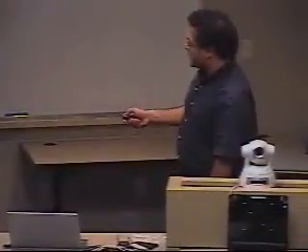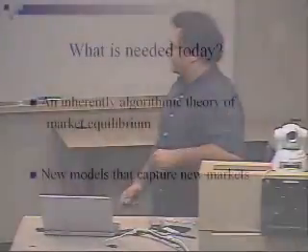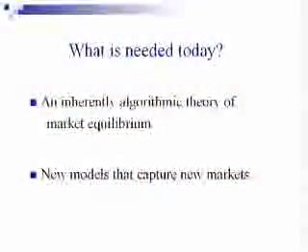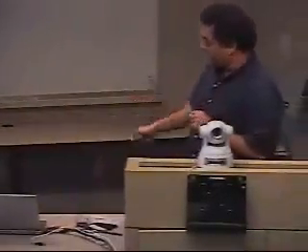So this kind of an answer, in the presence of the beautiful theory of algorithms that we have today, is not sufficient, and we need to really look for an algorithmic answer to this question. So that's what is needed today, a different theory of market equilibria, an inherently algorithmic theory, unlike the previous one. And also, we need to think about new models that capture these new markets.